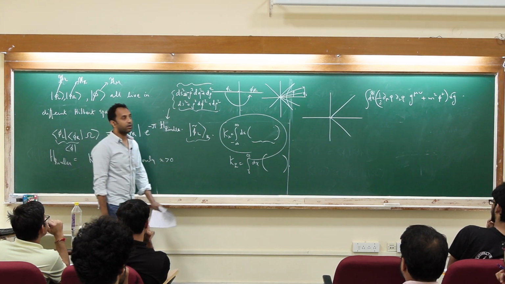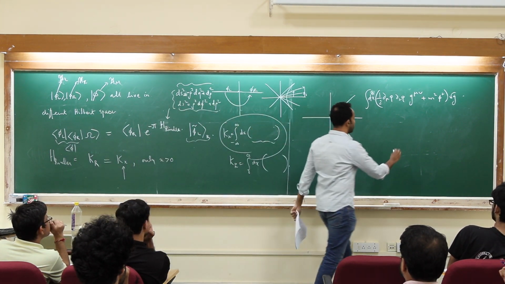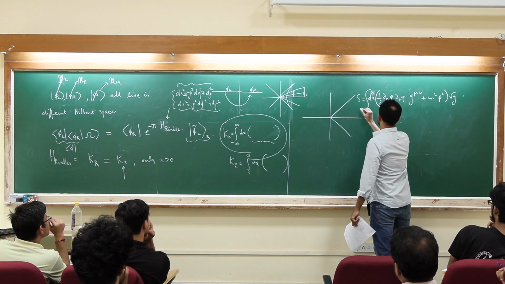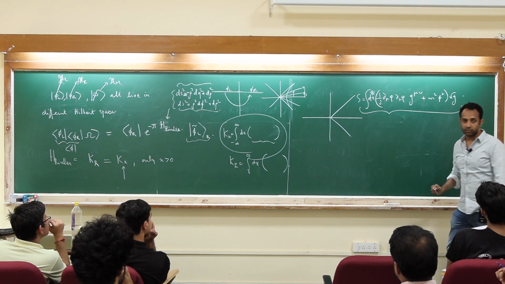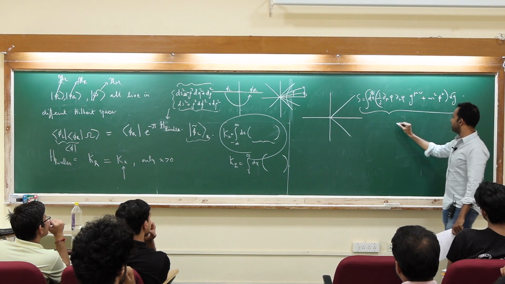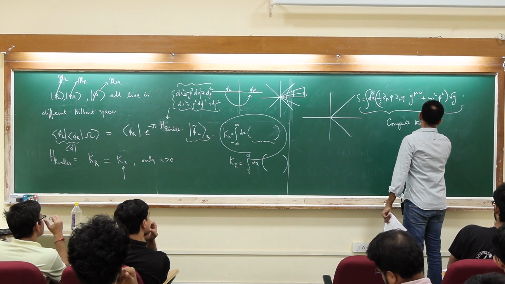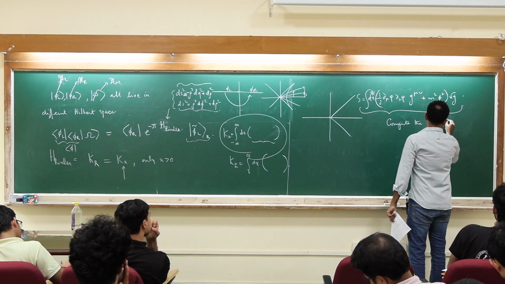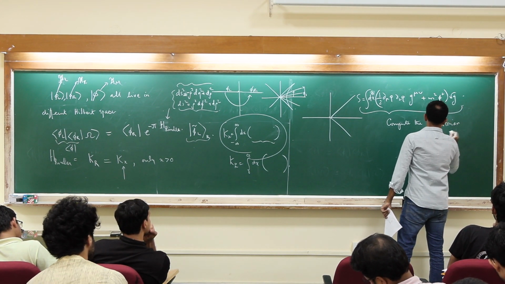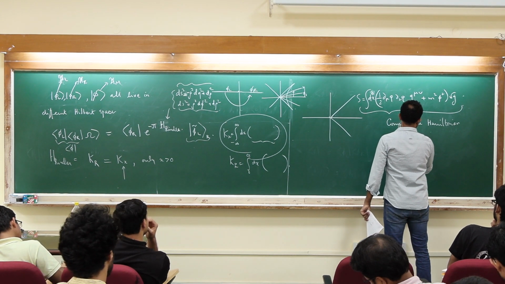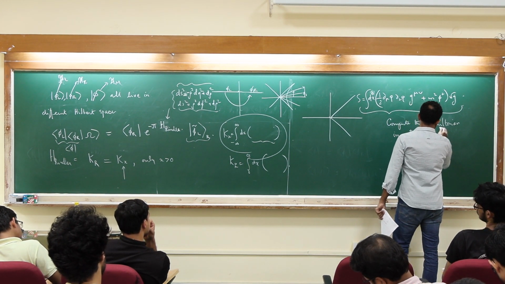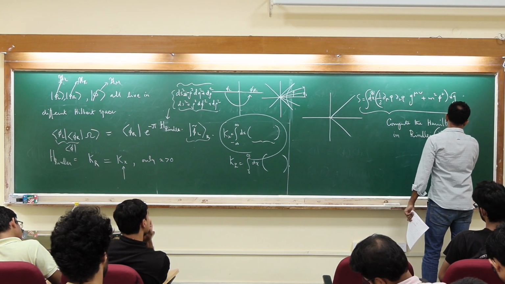If you don't know how to compute the Hamiltonian of a theory like this, that's also an exercise. Can't go all the way back, but compute the Hamiltonian of this in Rindler coordinates, Lorentzian Rindler coordinates.